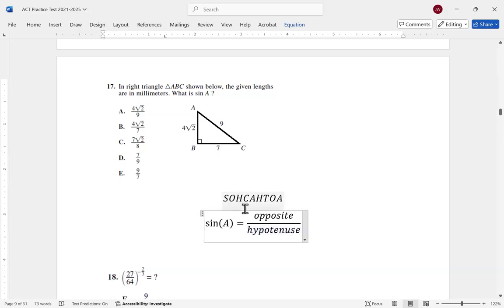The other parts of SOHCAHTOA say cosine is the length of the side adjacent divided by the hypotenuse, and tangent is the length of the side opposite divided by the length of the side adjacent to the angle. So if we're looking at A up here, the side opposite A has length 7.